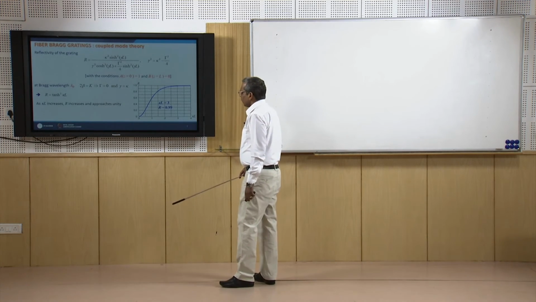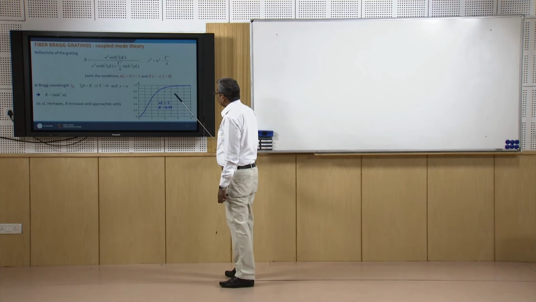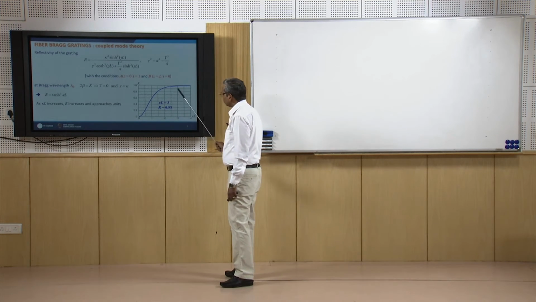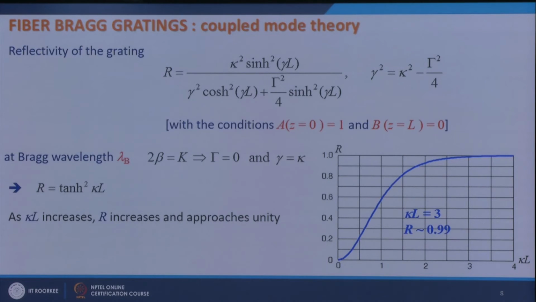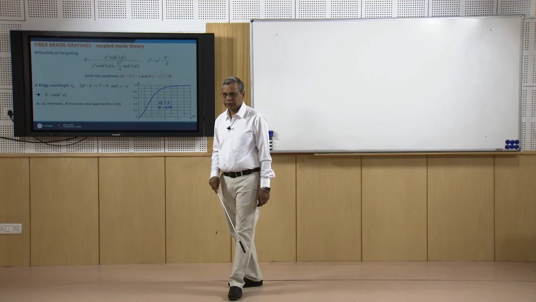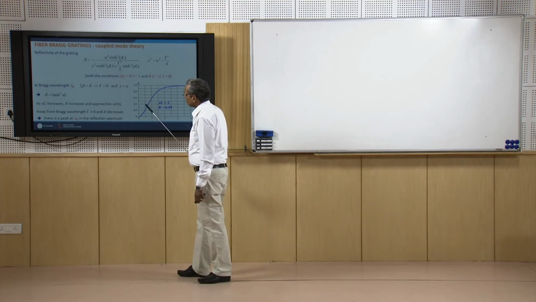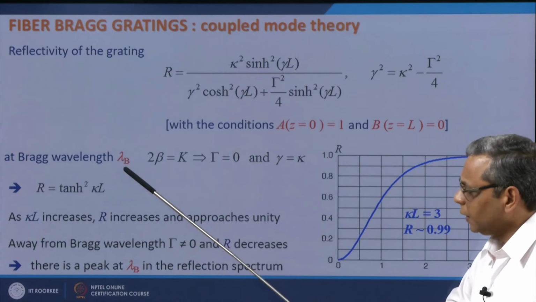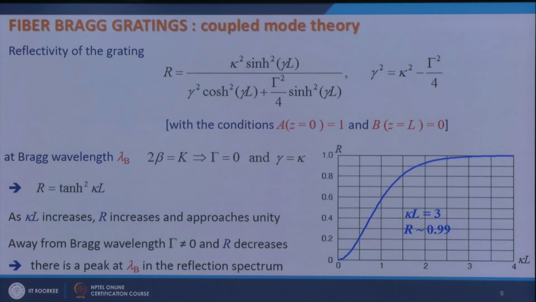But what I can have is that at kappa L equal to 3, if I read this out, then reflectivity is almost 99%. So, this value of kappa L is sufficient for me. This happens when I am at Bragg wavelength. So, if I choose, let us say, kappa L equal to 3, then at Bragg wavelength the reflectivity is 99%.